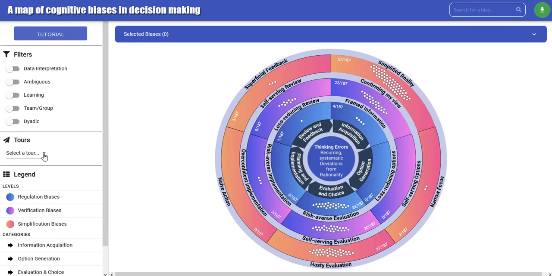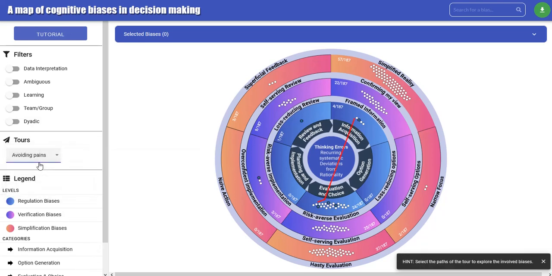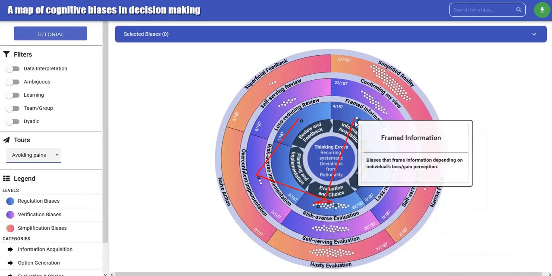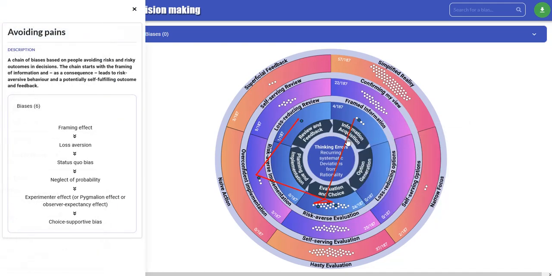Another one are the tours. We prepared 3 examples of chains of biases which are linked together and leading to a chain of flaws in your decision-making process. For example, let's take the avoiding pain tour. As you can see in the picture, the biases and the connection between the biases are highlighted, and by clicking on the red connection, you see a description of this specific tour.